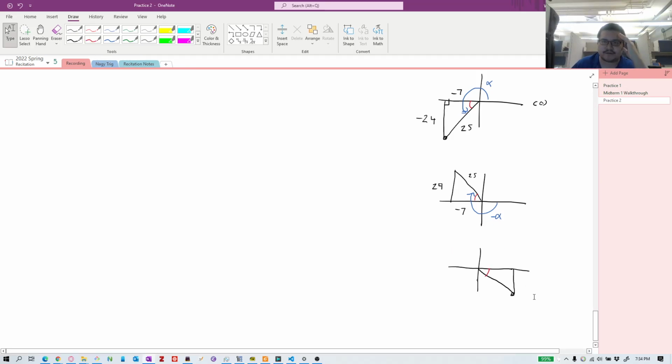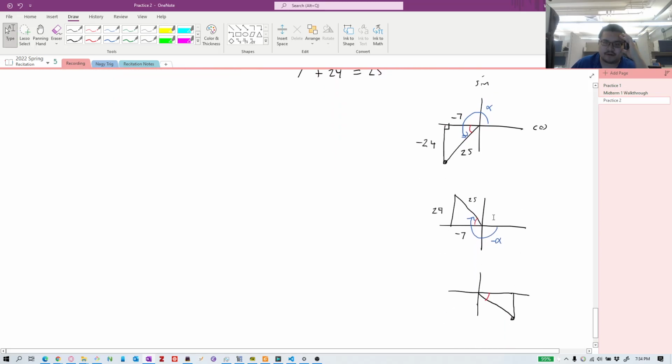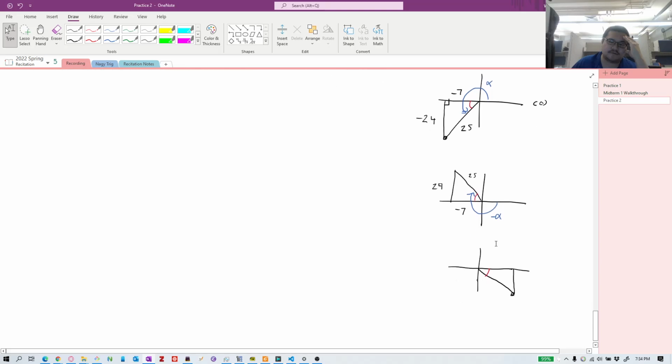Now pi minus alpha is still a little bit difficult to think about. Minus pi is this way, plus alpha goes here. Yeah, in a way. Yeah, that's the tricky thing.